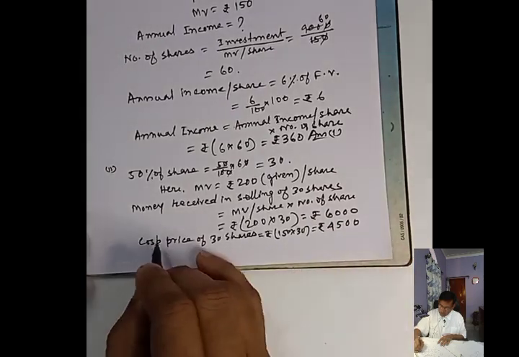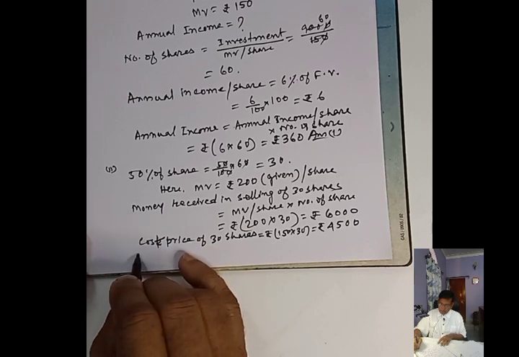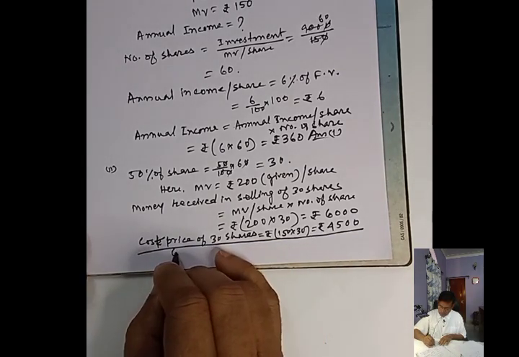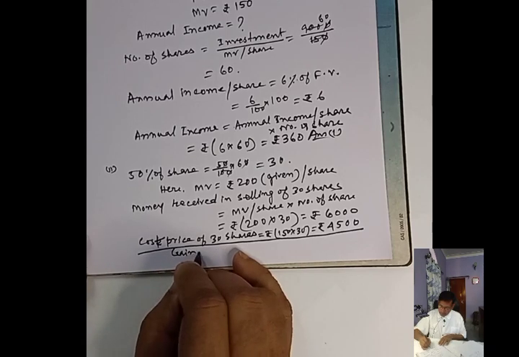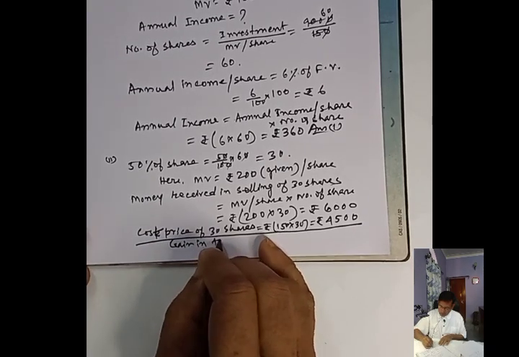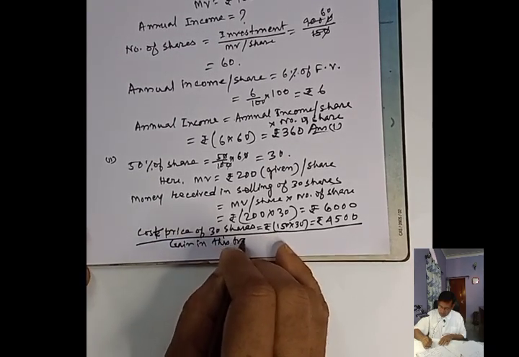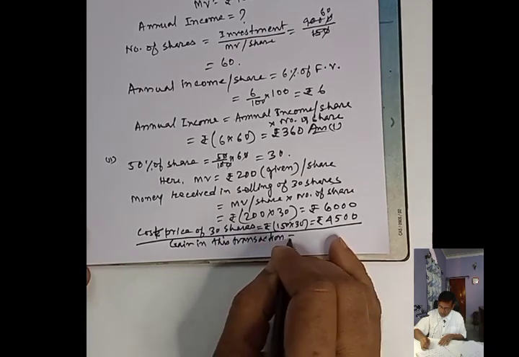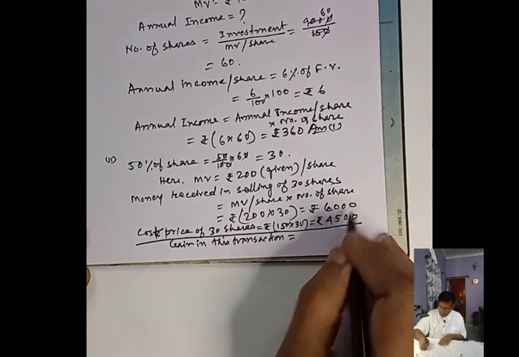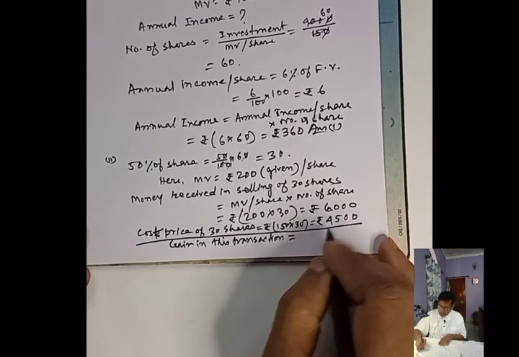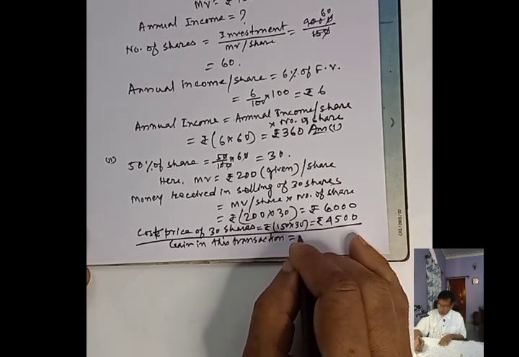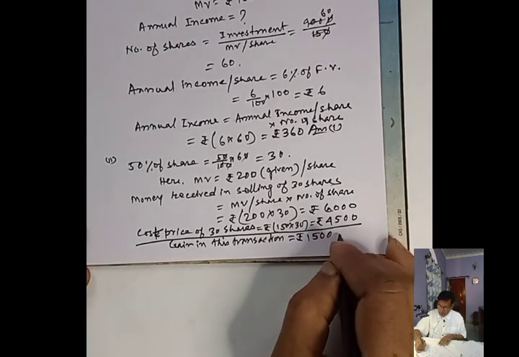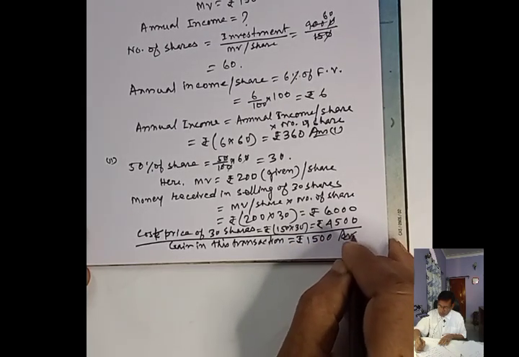Then what is the gain? So gain in this transaction is equal to 6,000 minus 4,500, rupees 1,500. This is answer number 2.